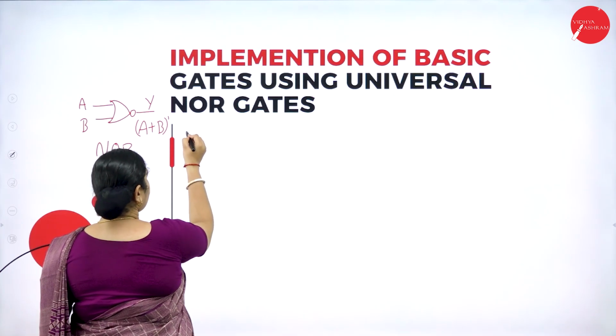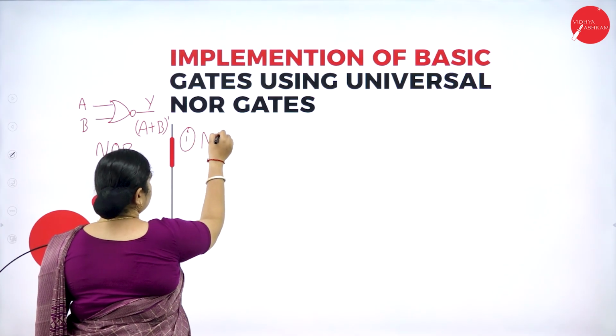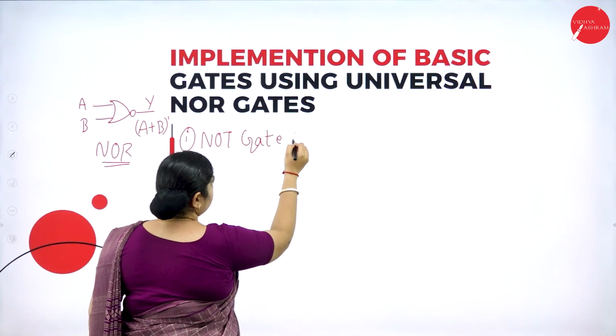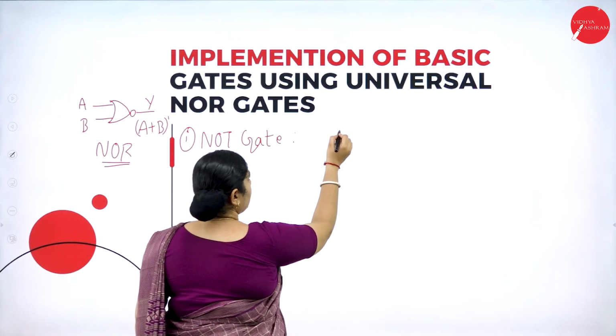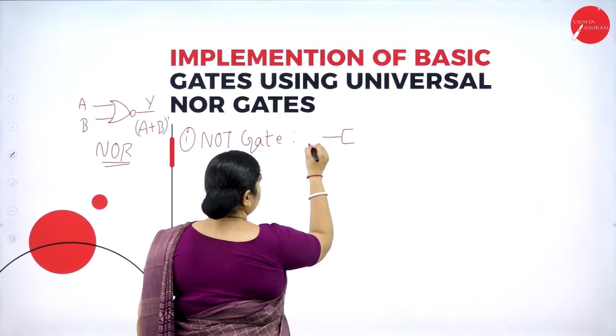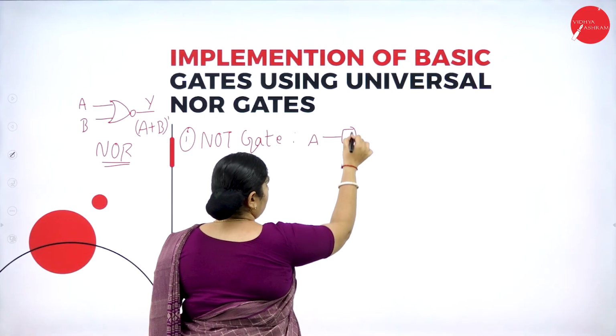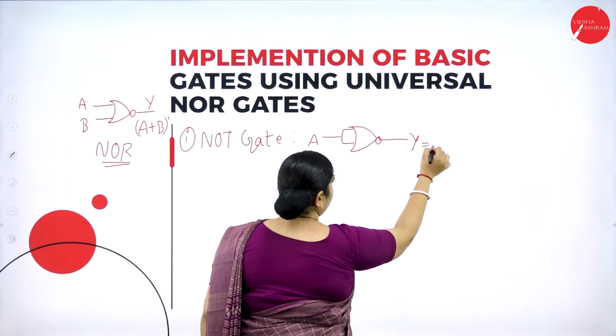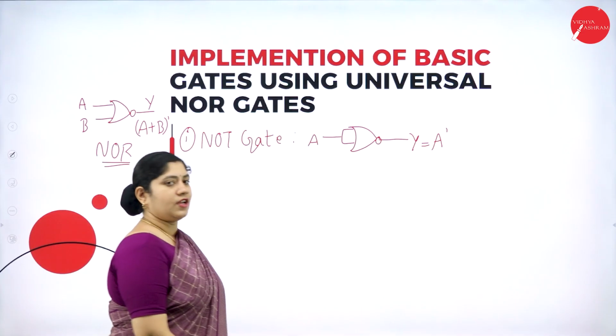So let's start doing that. First one is a NOT gate. As we know, we have only one input with respect to our NOT gate. So we have to combine the inputs and draw a NOR gate. Therefore, the output will be A dash.